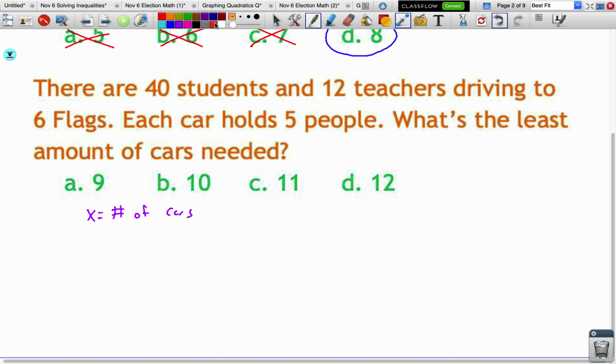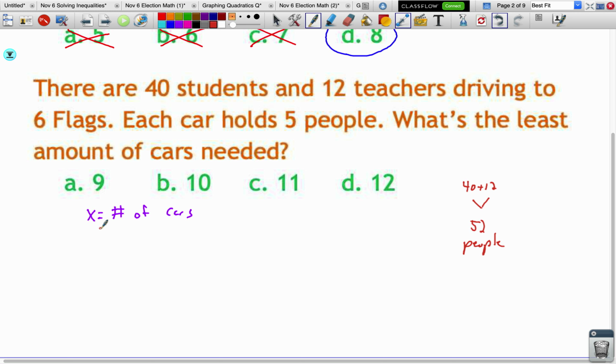All right, now we can start setting up our equation. So 40 students and 12 teachers. Well, let's just off to the side do 40 plus 12 to get that's 52 people are driving to Six Flags. Each car holds 5 people.